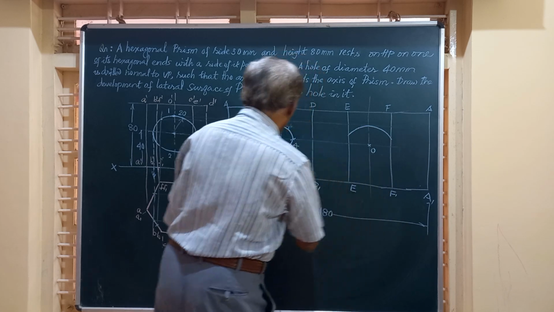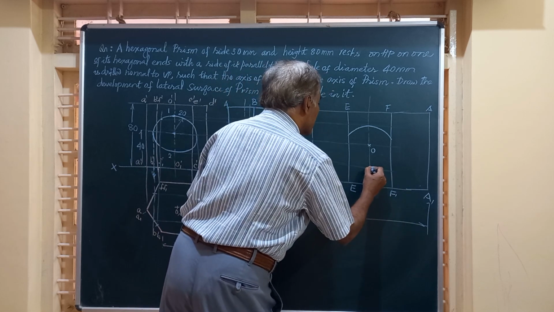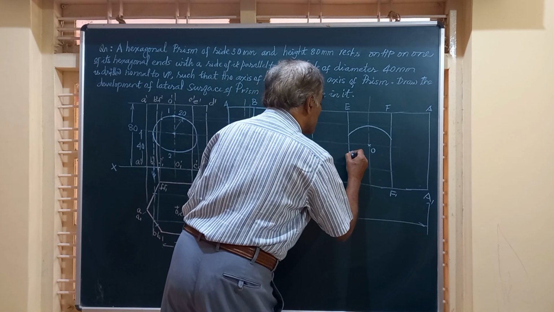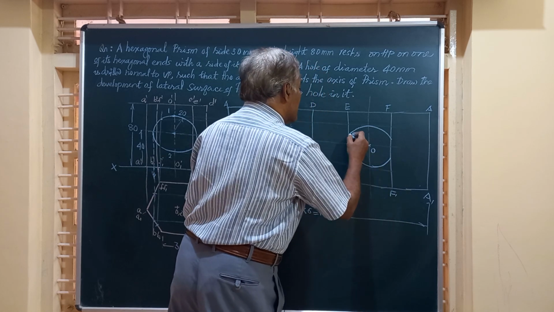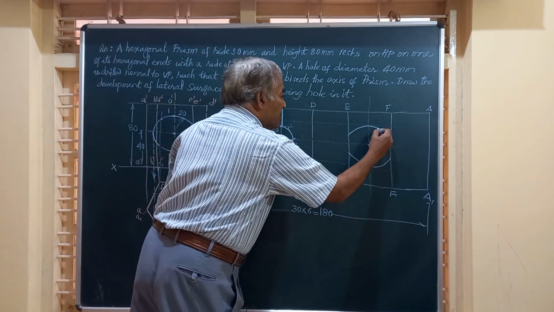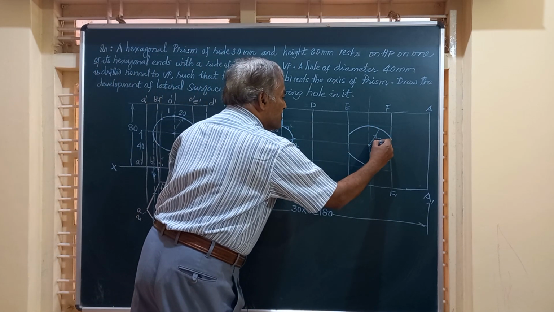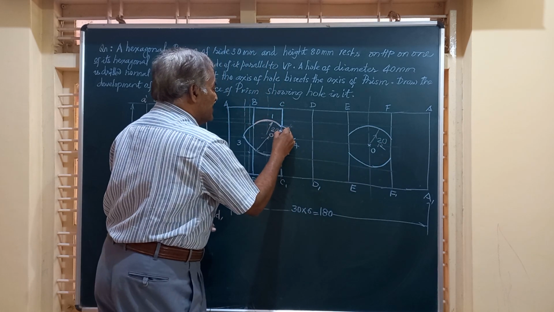Similarly here, the bottom surface, you can have one more. So this is going to be an arc, that is this radius 20 mm. I have taken, I can just mark it as 20 R radius.